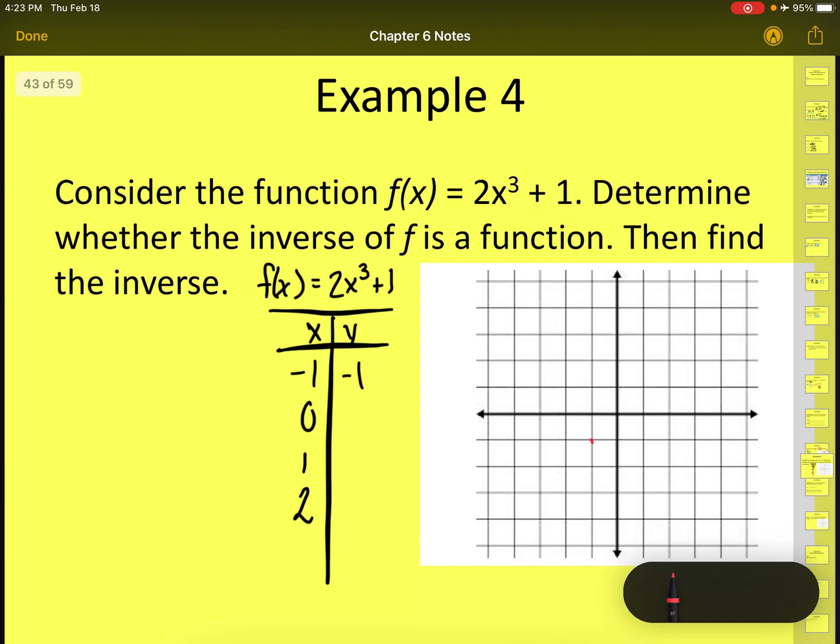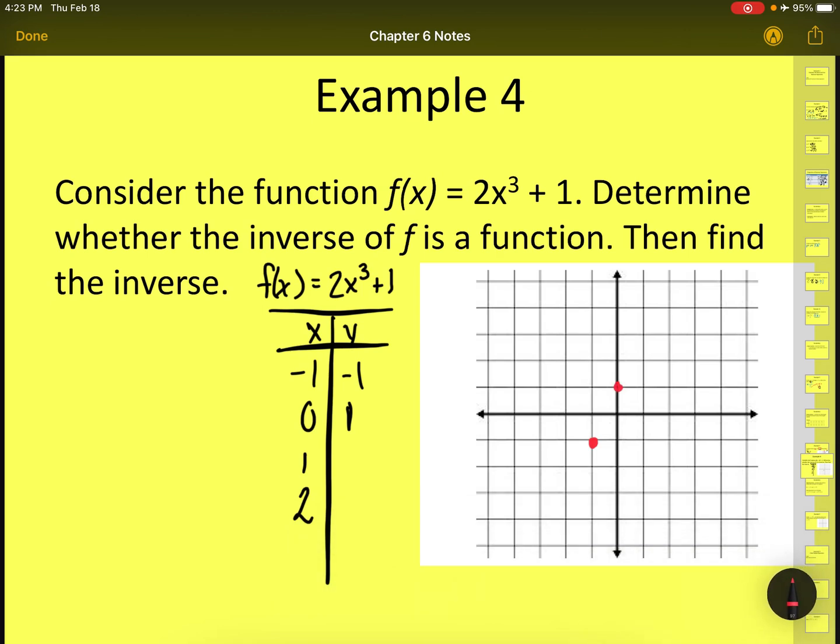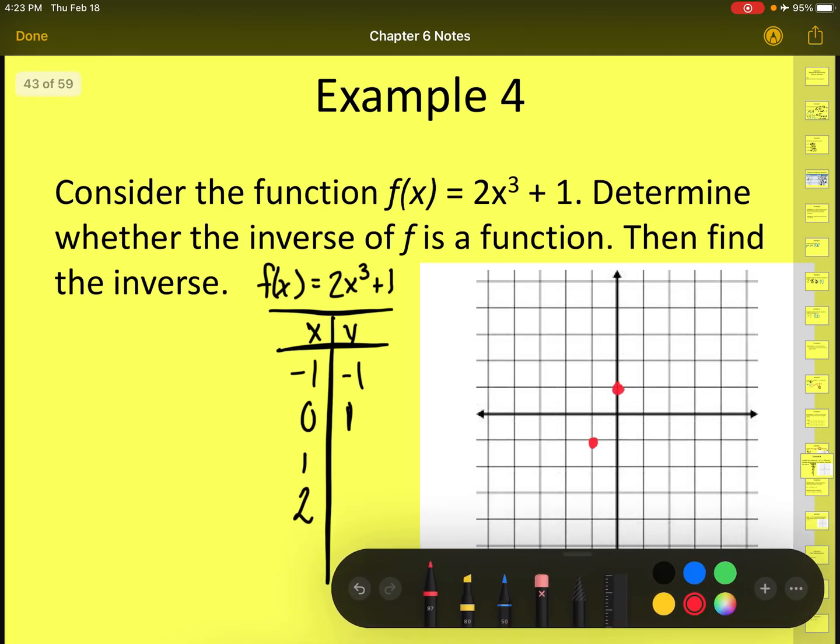And I'll graph it in red. So -1, -1. If I plug in 0, I'm going to get back regular 1. If I plug in 1, I'm getting back 3.